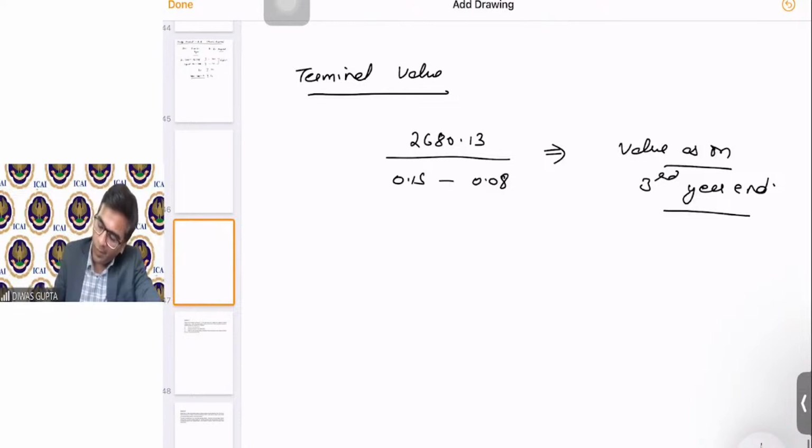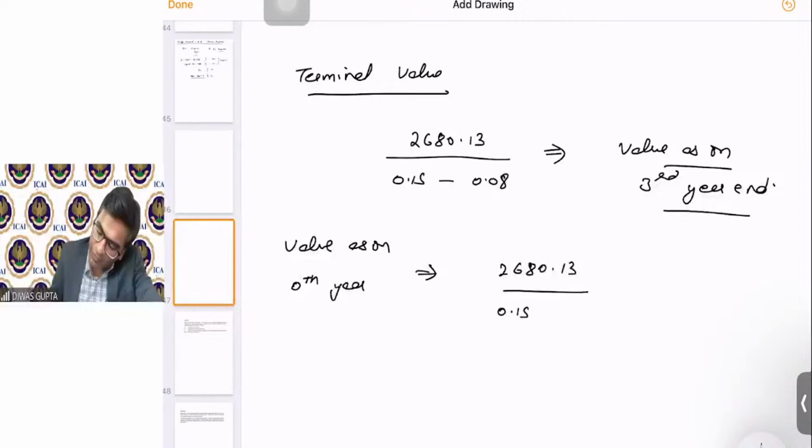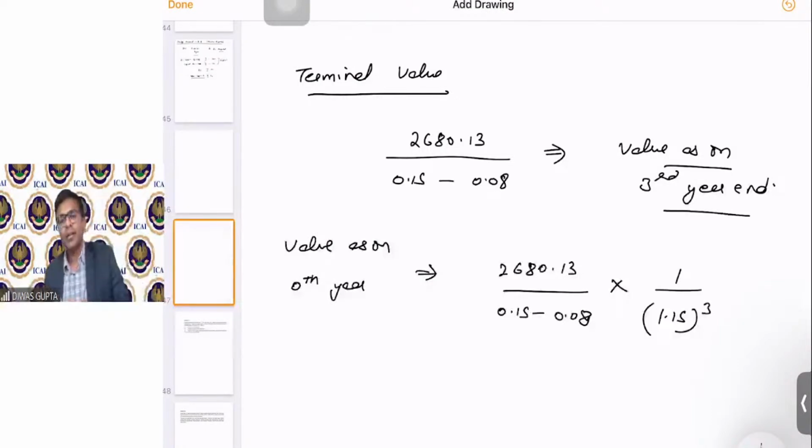Now, the value as on 0th year will be 2680.13 divided by 0.15 minus 0.08, into 1.15 raised to the power 3. Correct? This will give us the value as on today, so we have to do the present value.